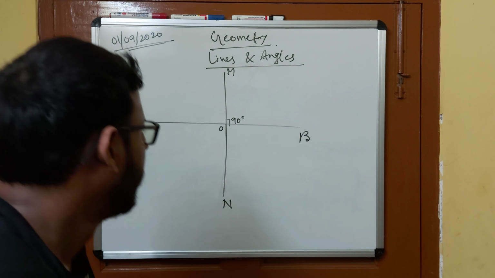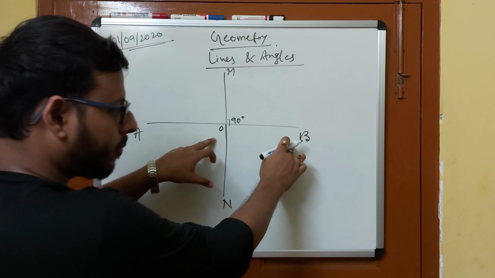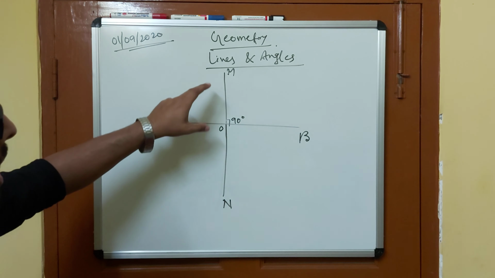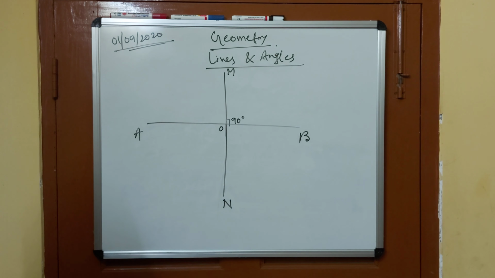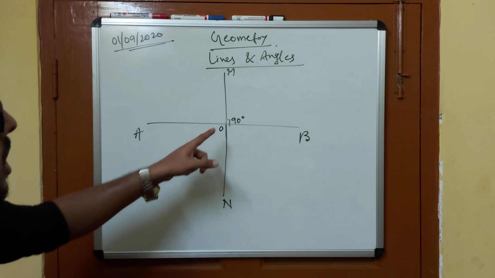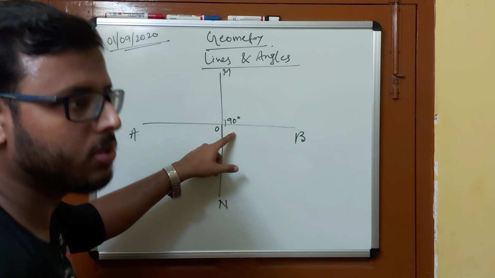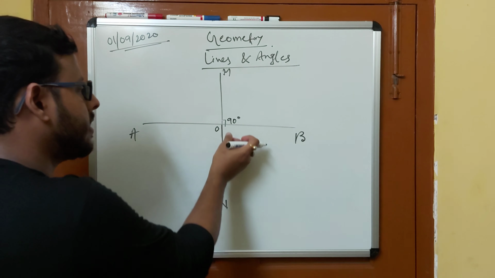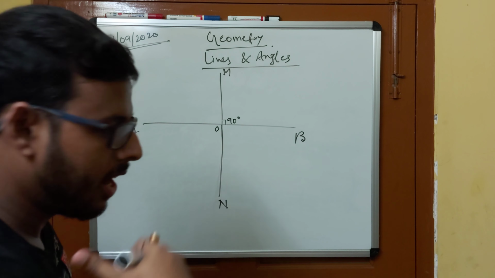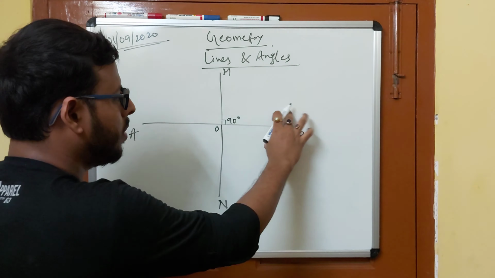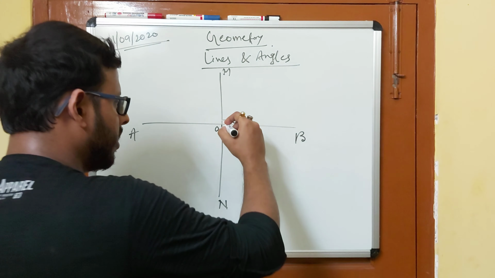Fine. Now, if we draw any angle between OM and OB, that angle will obviously be less than 90 degree. Are you clear? Because if we draw any line which is between OM and OB, that angle will obviously be less than 90 degree, right?